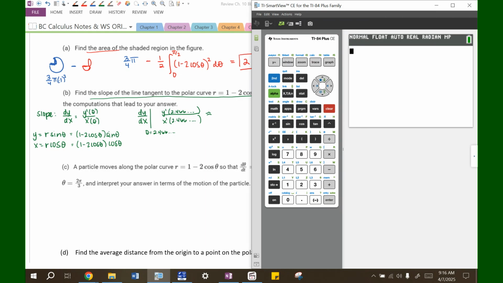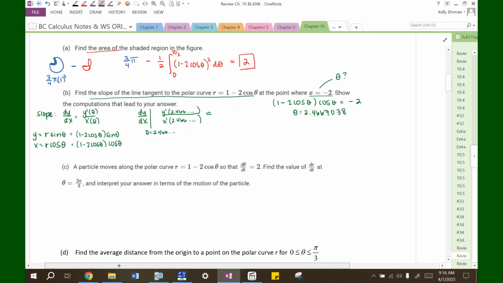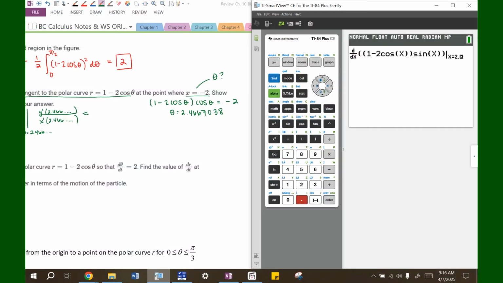Okay, so I'm going to start with y prime. So math 8, I want the derivative of the equation for y. So typing this in, parentheses, 1 minus 2 cosine x times sine x. Evaluate that at 2.466738. That's the y prime value. I'm going to do the same thing, and then I'll divide my two answers.